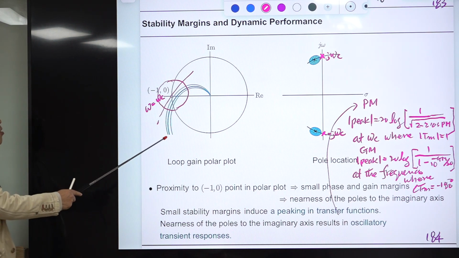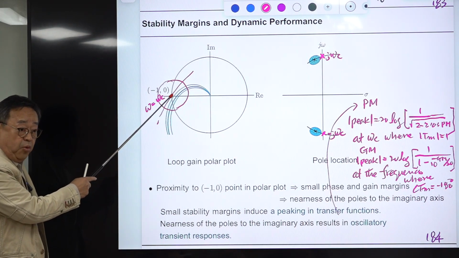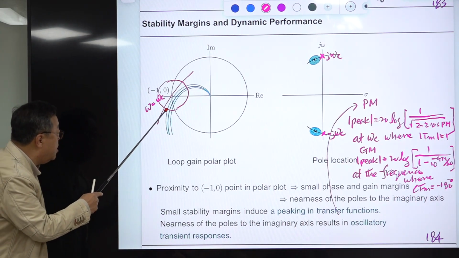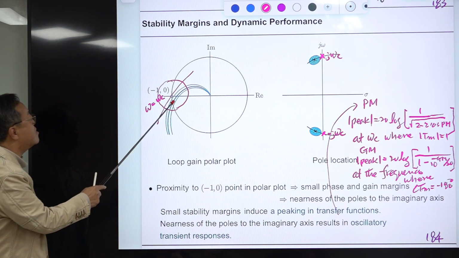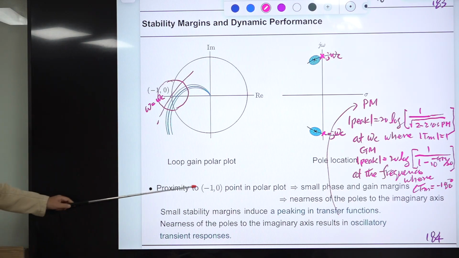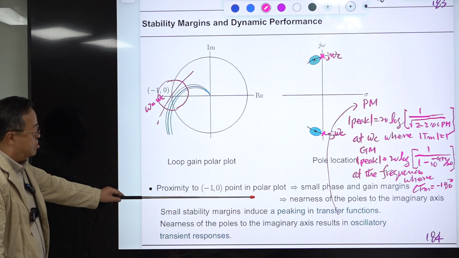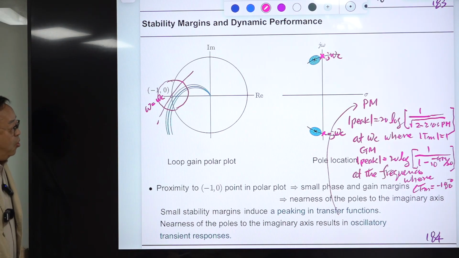So when your polar plot approaches this critical point, it passes near this point somehow. Maybe it can go like this. Then you are still stable, but there is some problem. So proximity or nearness to this critical point in the polar plot indicates a small phase margin and a small gain margin.